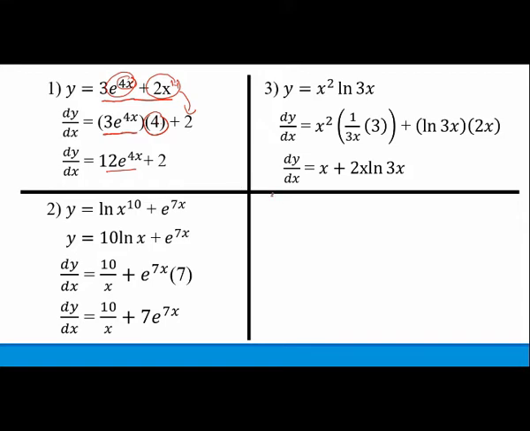What does this mean? For y equals 3e^(4x) plus 2x, you differentiate one by one.